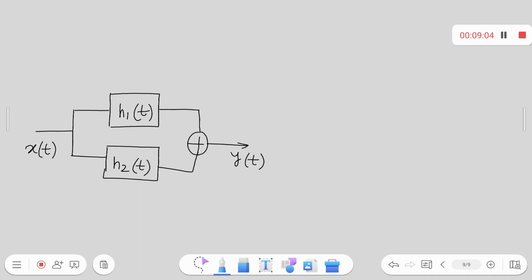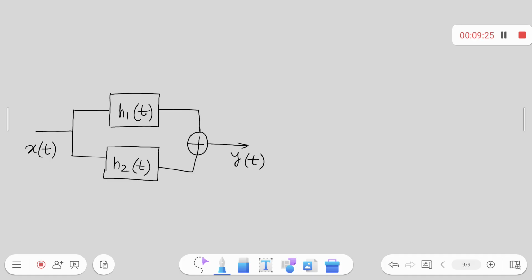I assume that both of these two systems are LTI, right? That's why I have used h1(t) and h2(t), because unless the system is LTI, the impulse response doesn't carry any additional significance.